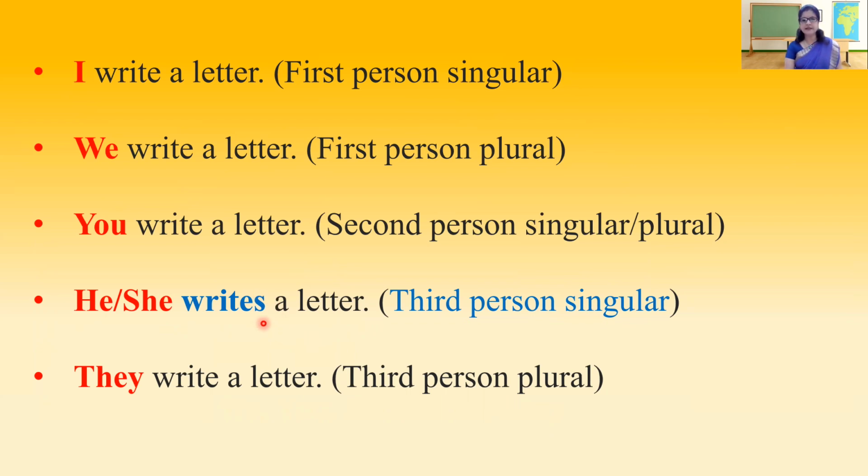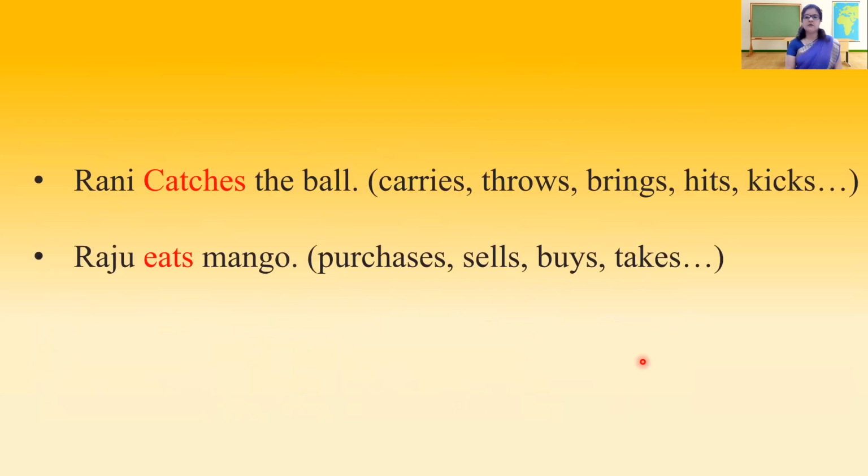Instead of "write", we use "writes" here. She writes a letter. Third person singular. They write a letter. Third person plural. So in present tense, for third person singular, we always have to add "s" or "es" to the verb.